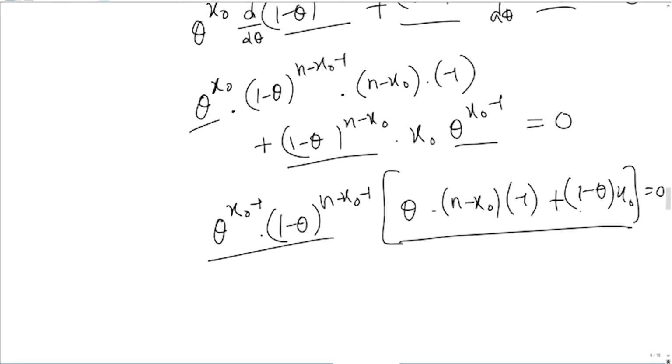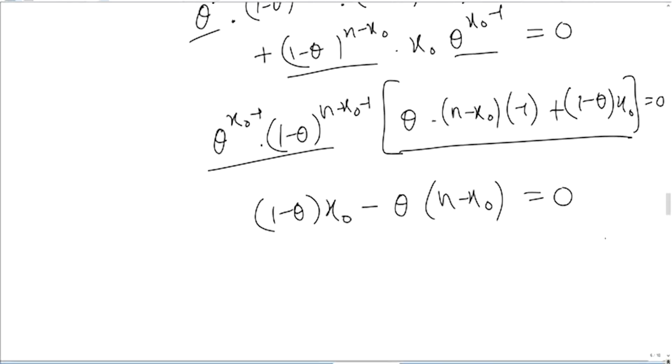Let us focus on this quantity. This would be 1 minus theta into x naught minus theta into n minus x naught, equals 0. Let us solve this. This is x naught minus theta x naught minus n theta plus theta x naught equals 0.